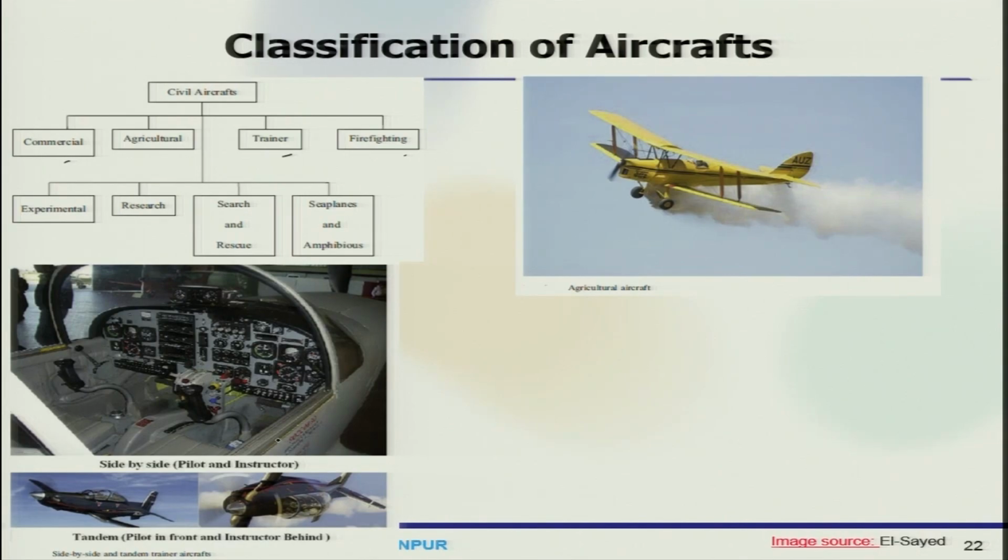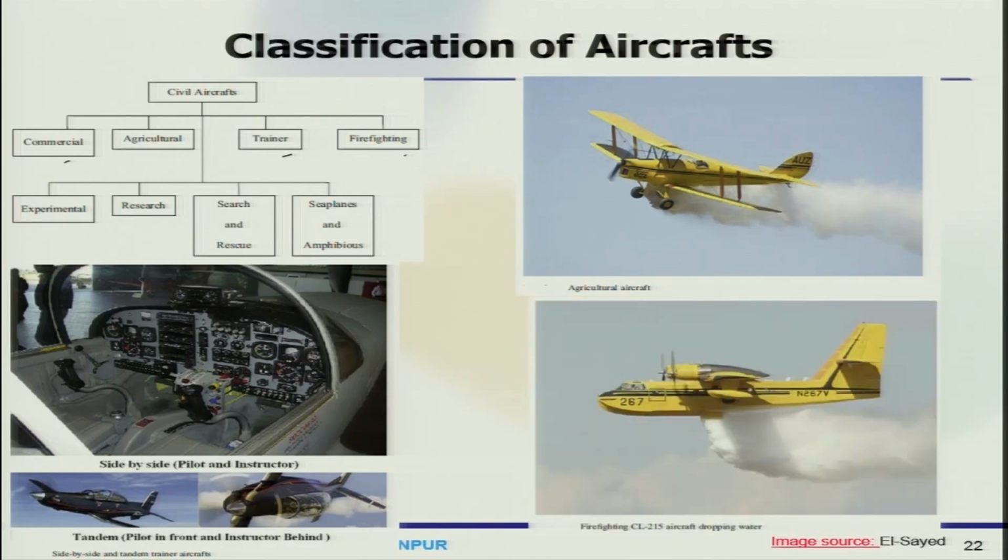The 2-seating configuration for this trainer aircraft are pilot and instructor side by side or in tandem, usually with the pilot in front and the instructor behind. So this has 2-phase training, one is basic and then advanced. Now this is also a firefighting aircraft which is dropping water.